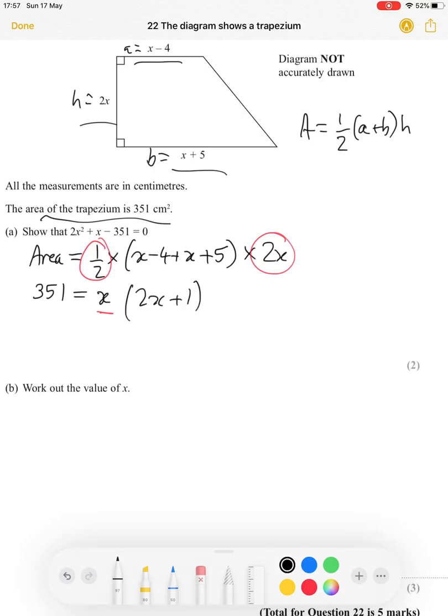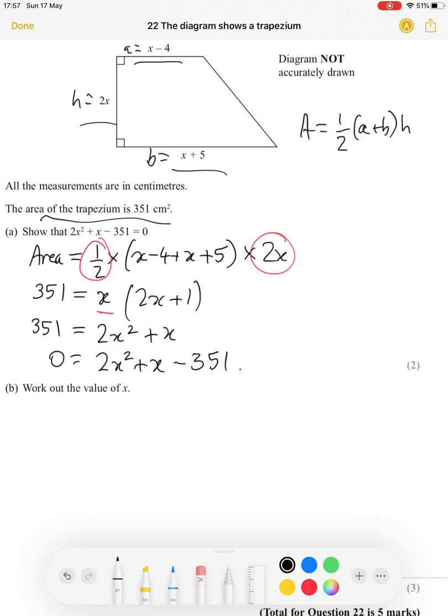Now if we multiply out the brackets, we've got 351 equals x times 2x is 2x squared, and then x times 1 is just x. And lastly, if we rearrange, if we move the 351 to the other side, if we take away 351, we get this, which is the equation we were asked to show.